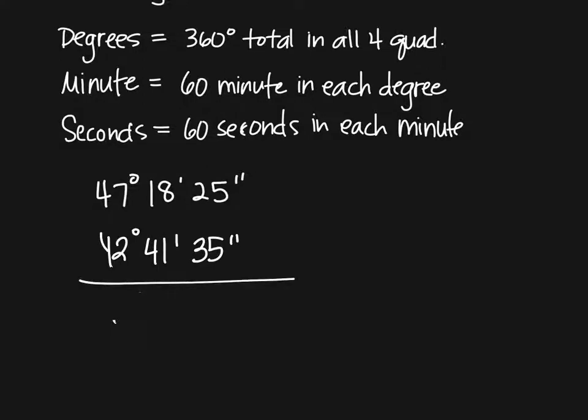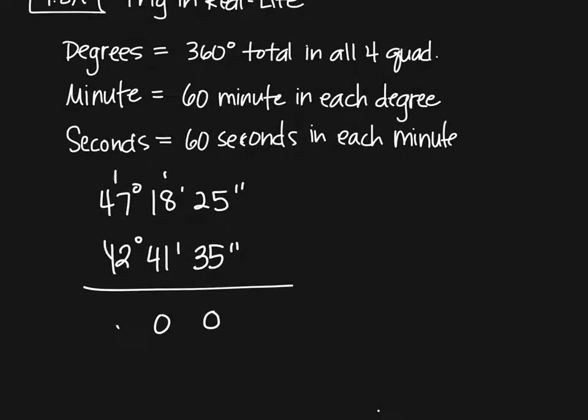Because when I add this up, you're going to be carrying everything, right? 25 plus 35 is technically 60, but it's 1, and you carry the 1, because that's 1 more minute. And then 1 plus 18 is 19 plus 41. That's 60 again. So carry the 1, because that's 1 more degree. And then 1 plus 47 is 48 plus 42. Now you're at 90 degrees, no minutes and no seconds.